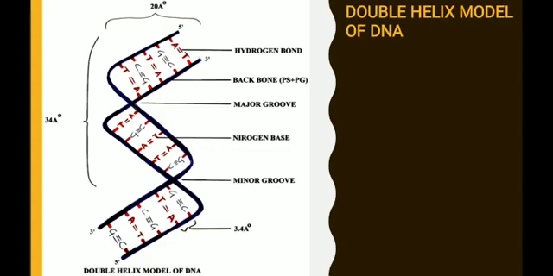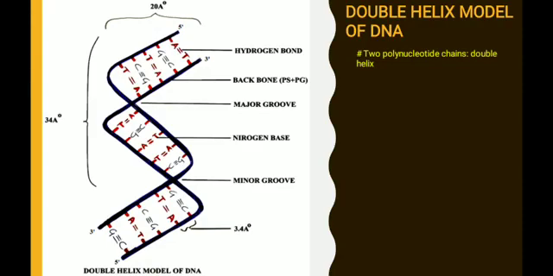Let me explain the structure now. According to the double helix model of DNA proposed by James D. Watson and Francis H.C. Crick, the DNA is made up of two polynucleotide chains, and hence the name double-stranded, and is specifically known as double helix.